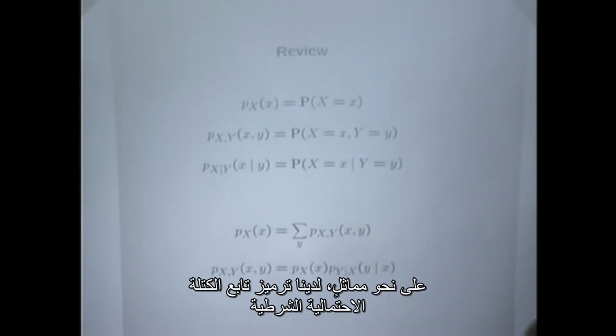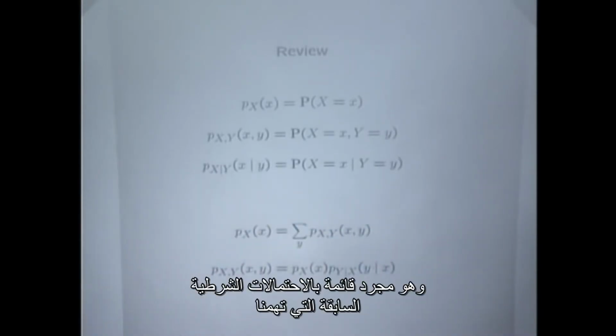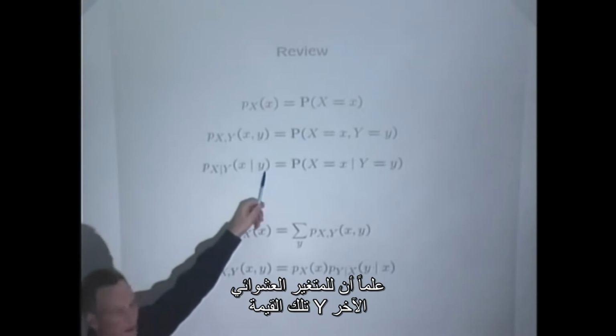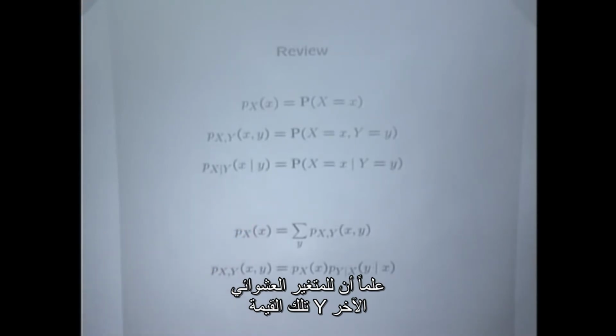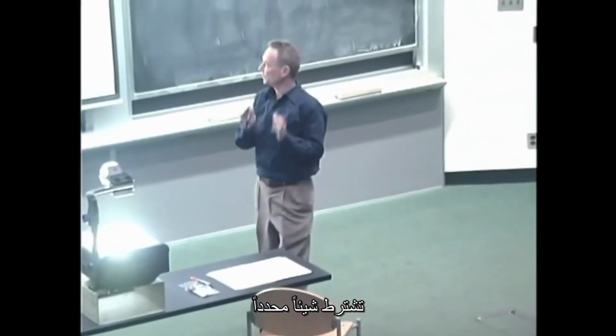And similarly, we have the notion of the conditional PMF, which is just a list of the various conditional probabilities of interest. Conditional probability that one random variable takes this value, given that the other random variable takes that value. Now, a remark about conditional probabilities. Conditional probabilities generally are like ordinary probabilities. You condition on something particular.